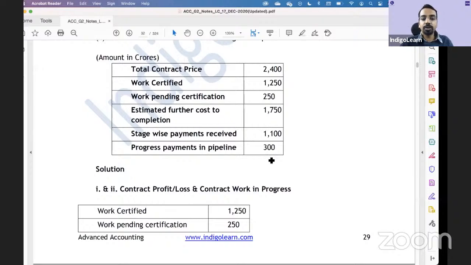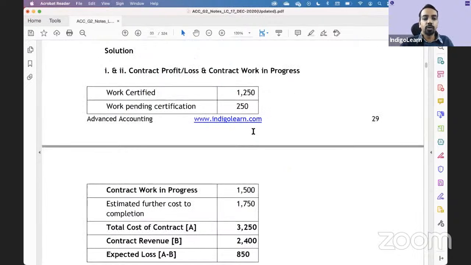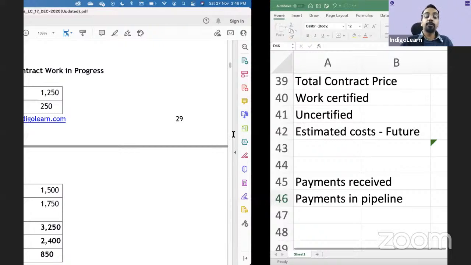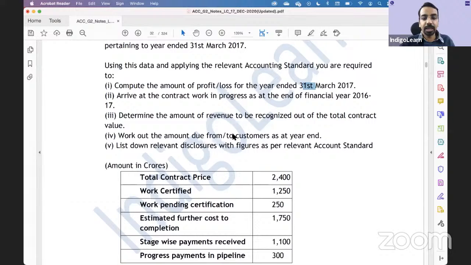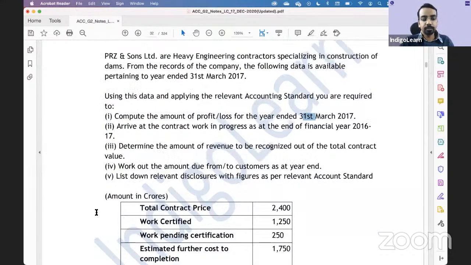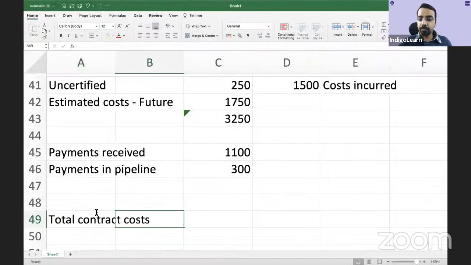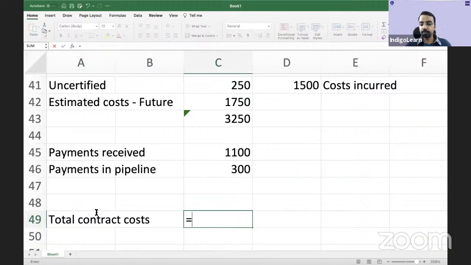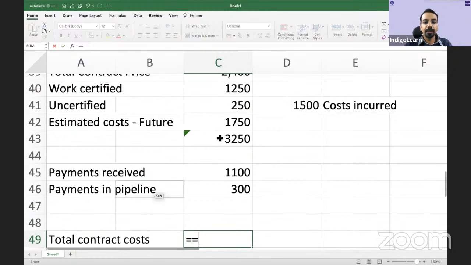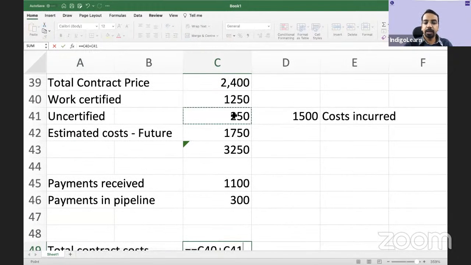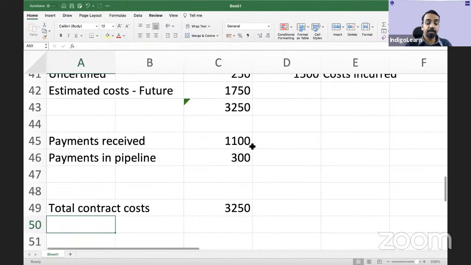Now, what are we asked in the question? We are asked to compute the amount of profit or loss for the year ended 31st of March of 17. Then what would that be? If you see here, total expected contract costs are 1250 plus 250 plus 1750. 3250 is the total cost.